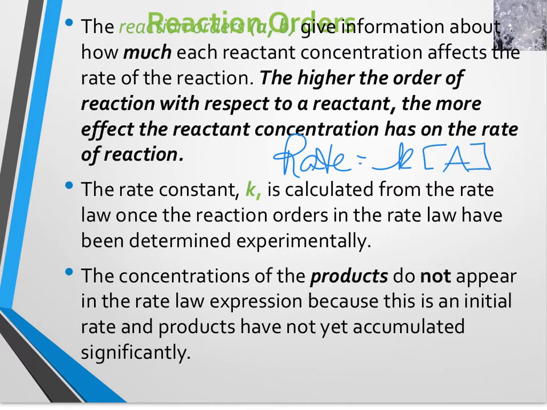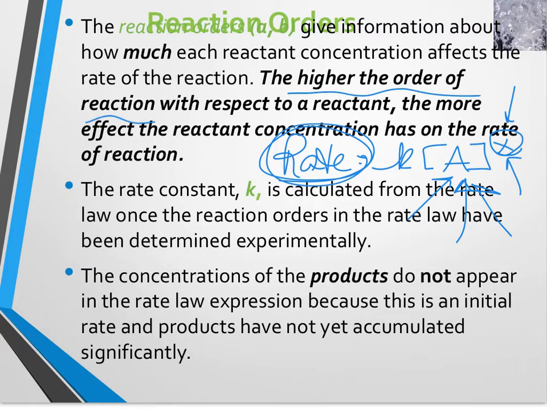Let's say that A is our only reactant, and the X is the order of the reaction with respect to A. So this X, this exponent, tells you how sensitive the rate is to changes in the concentration of A. As you can imagine, the larger the order of reaction, the larger this exponent is, the more effect this concentration will have on the rate.